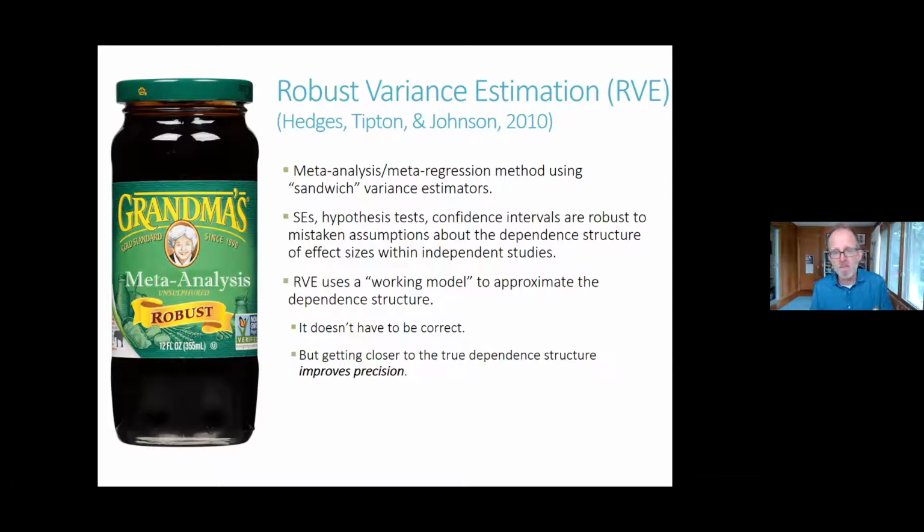But working models are useful to the extent that they're in the right ballpark of the real dependence structure. So using a working model that gets closer to the real data generating process will give you average effect size estimates and meta-regression coefficients that are more precise than if you use a working model that's not as close to the truth. So it pays to be in the ballpark.